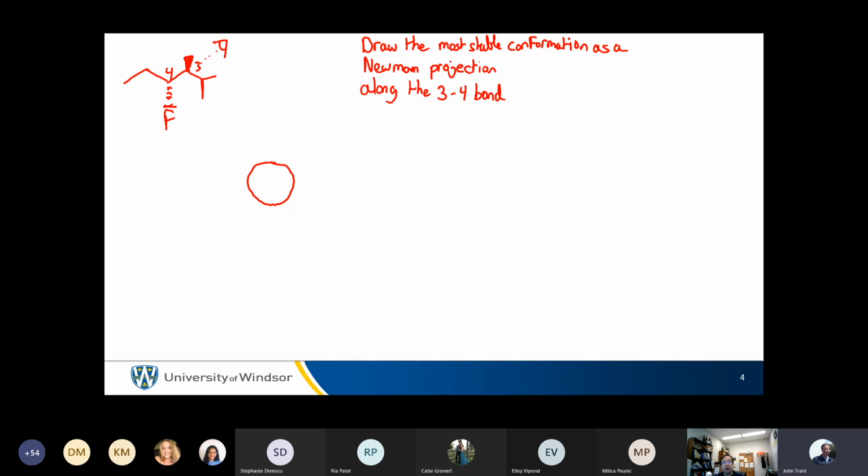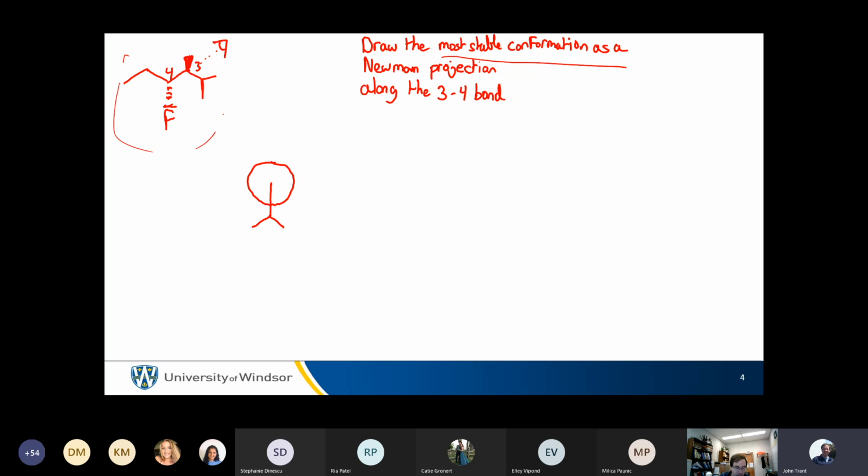So if we're looking down there, what we're going to see is directly below us, I have an isopropyl group. Now, your priority with this, and it says the most stable conformation, well, what if the Newman projection I'm drawing isn't the most stable conformation? Draw the Newman projection first, then rotate it. Don't try and do multiple things at once.